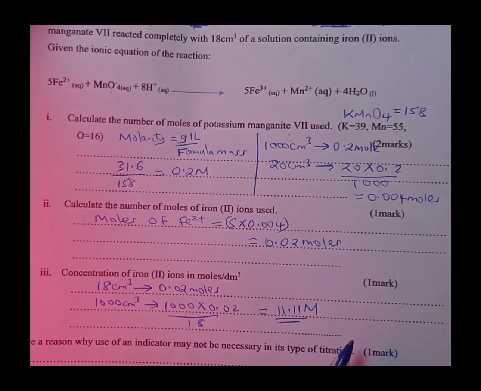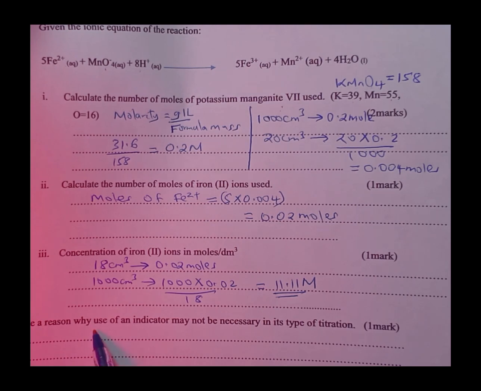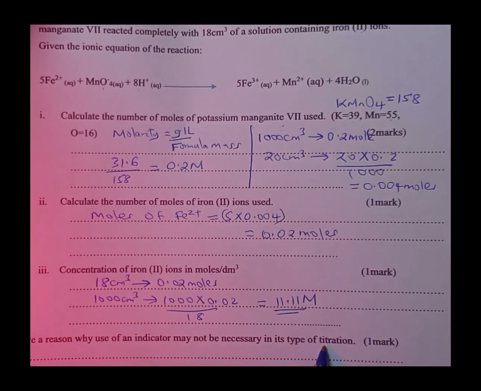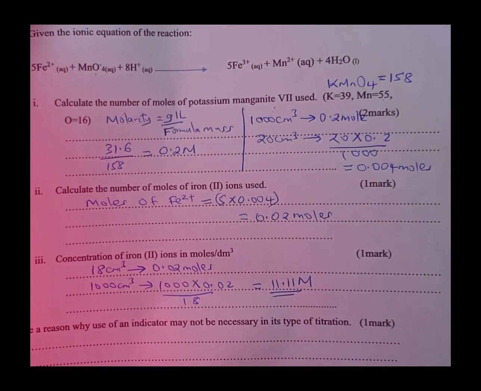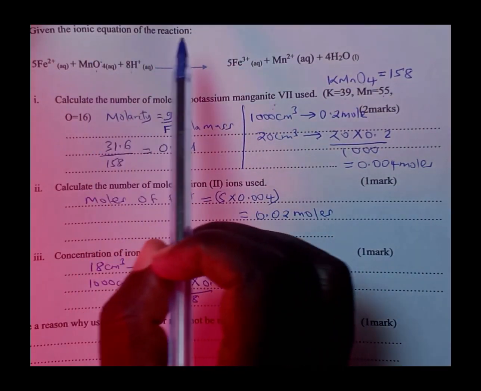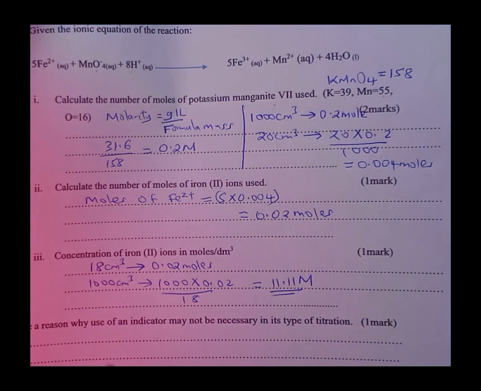Next, we are told to give a reason why the use of an indicator may not be necessary in this type of titration. In this type of titration, we use reagents which are capable of changing color when the reactions are complete. In this case, we are using potassium manganate(VII) as a titrant.